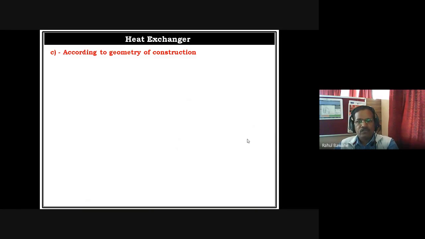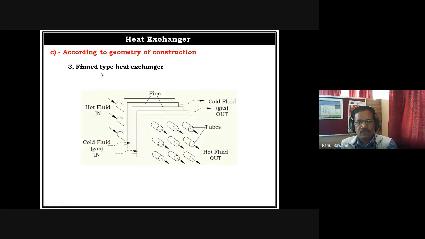Now according to the geometry, the third is fin type. Okay, so in fin types, a small number of tubes are there, but as the diameter of the tubes is so small, it can't provide that much surface area for cooling. So we use fins. So these fin plates are attached.